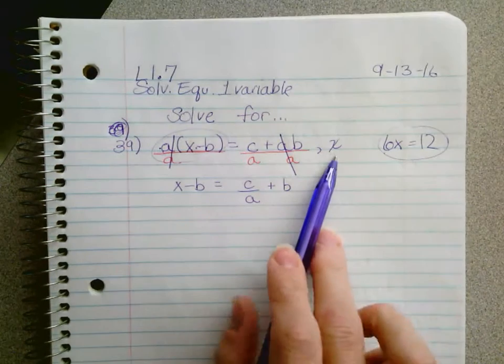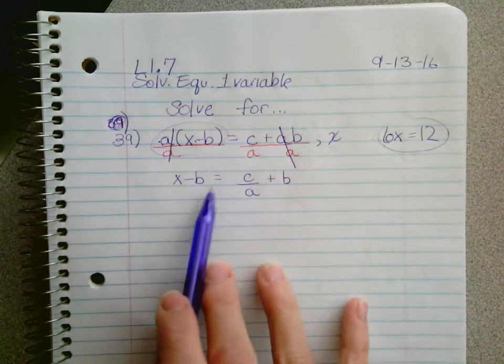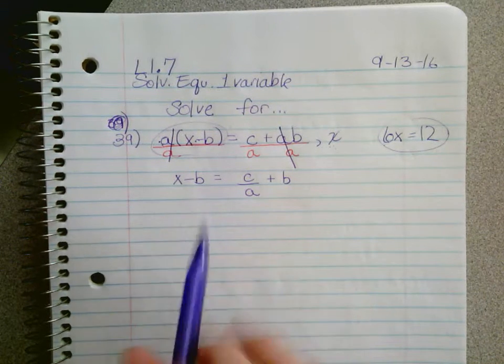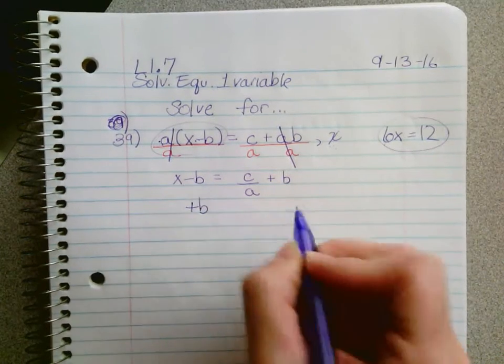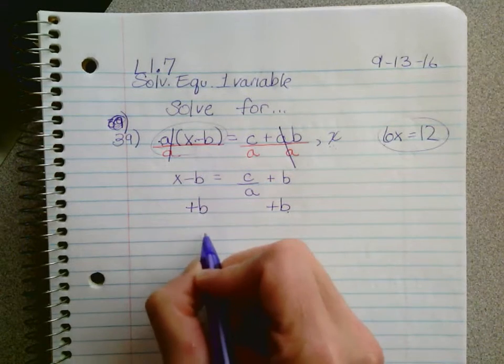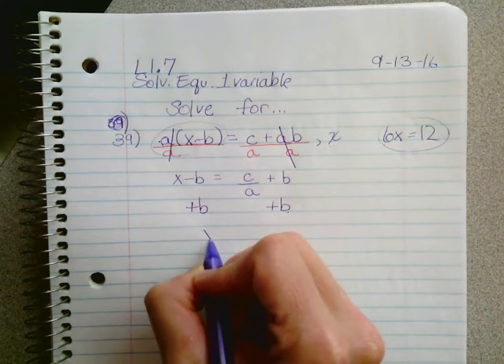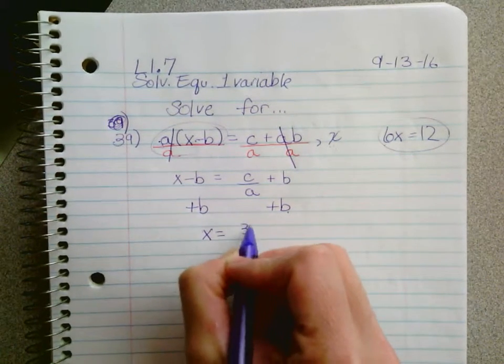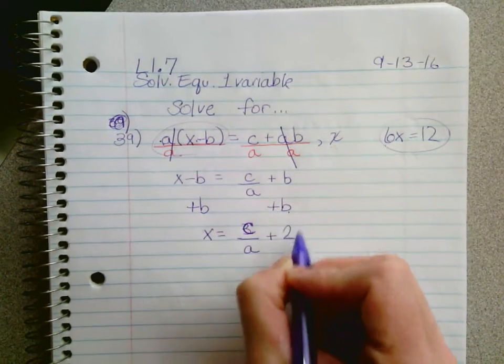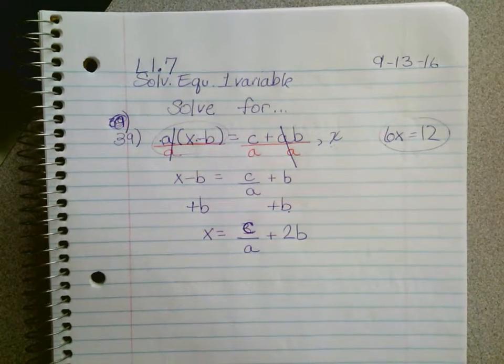I'm still not done. I want x to be by itself. And in order to get x by itself, I need to somehow maneuver the b out of there by performing the opposite. And we're adding b to both sides, which gives us x is equivalent to c over a plus how many b? Well, there's two of them.